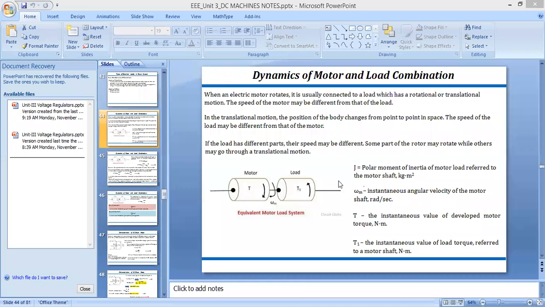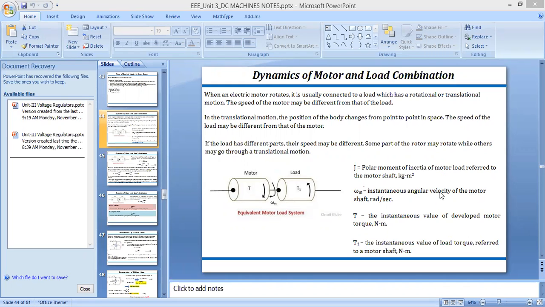You can see here, J is the polar moment of inertia of the motor load connected to the motor shaft. We calculate J in kg meter square. W is angular speed. We are taking Wm, the instantaneous angular speed or velocity of the motor shaft.